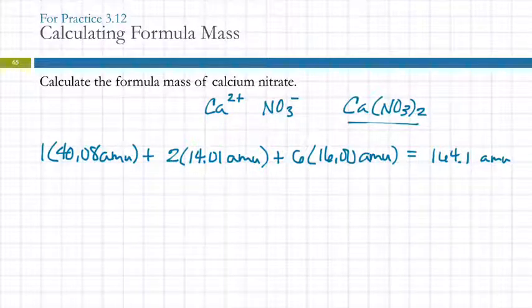So what I've done here is I'm using the atomic masses rounded to 4 significant figures. And so then I'm going to make sure that the final result has at least 4 significant figures. It never hurts to have extras, but don't round this off to 164. They're not whole numbers, okay? Any questions?